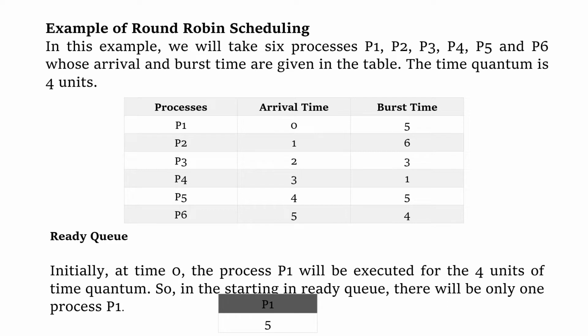First, initially at time 0, the process P1 will be executed for this time quantum of 4 units. So in the starting, in the ready queue, there will be only one process, P1, which has its burst time of 5.